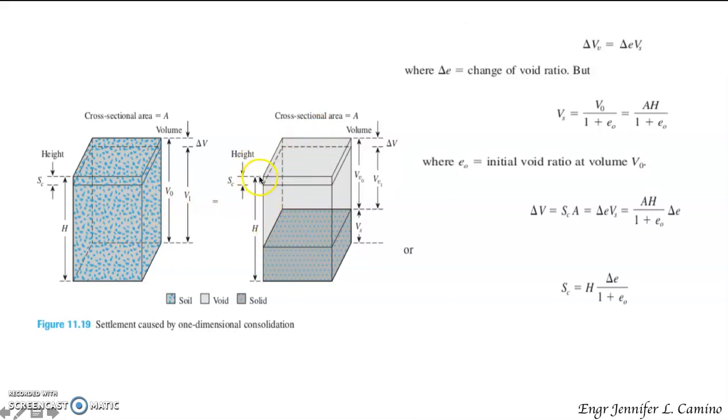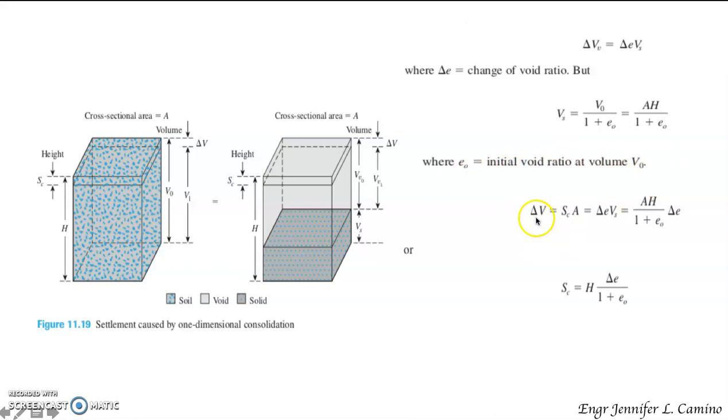So we have here our change in volume, and of course we have illustrated our S sub C, which is our primary settlement. Delta e is the change of void ratio, and the change of V sub V is equal to delta e times V sub S, and our V sub S is equal to this expression, and e sub 0, take note, is the initial void ratio at volume V sub 0.